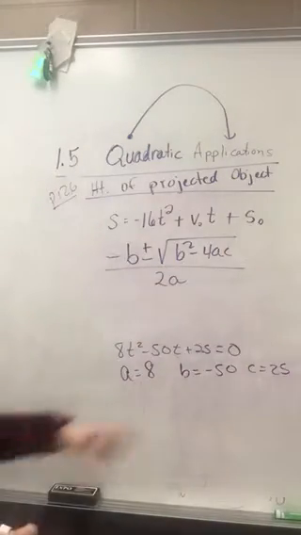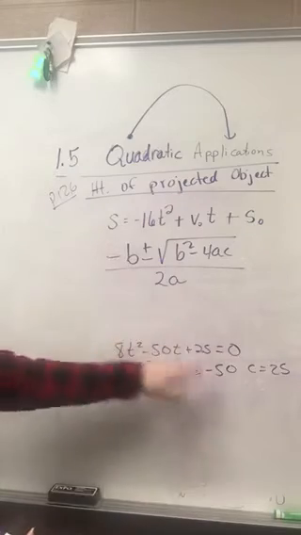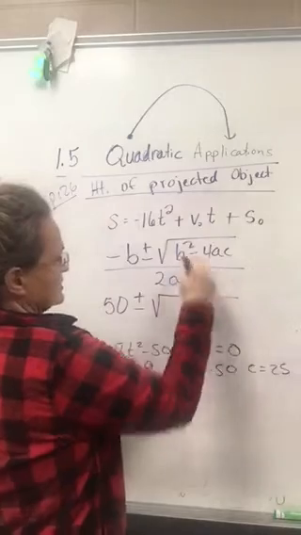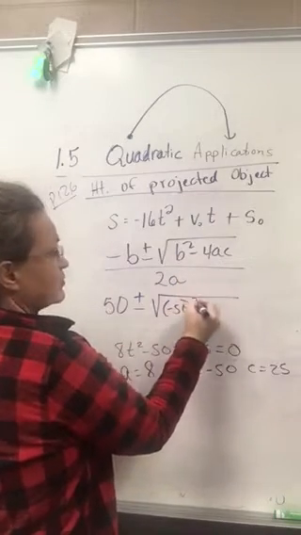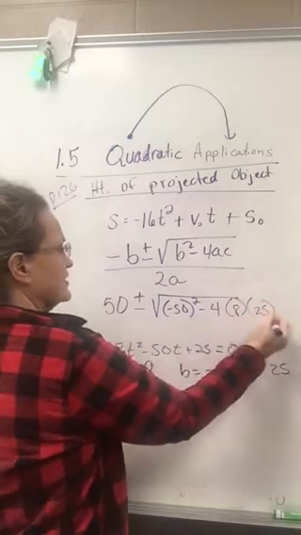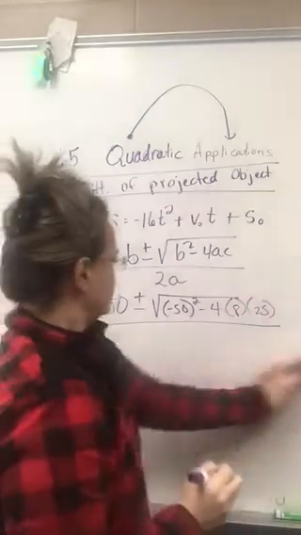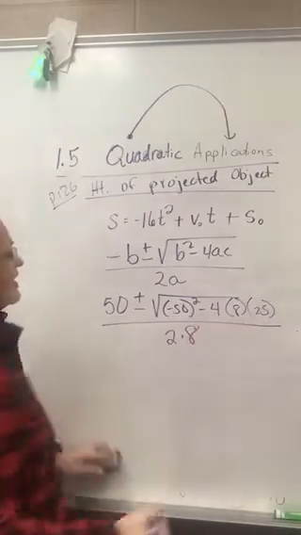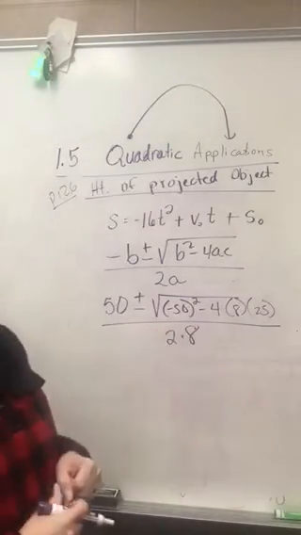And I'd plug in the negative of B, which is going to make it positive 50, plus and minus, B squared, which is negative 50 in parentheses squared, minus 4 times A times C, all over 2 times A. A was 8, wasn't it? 8. So then I'm going to use my calculator.